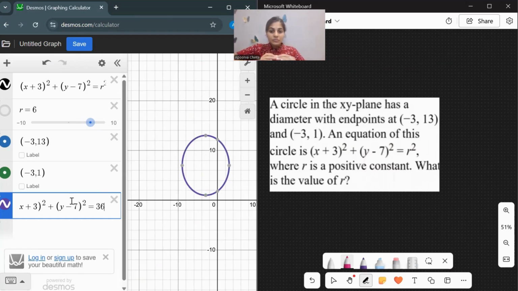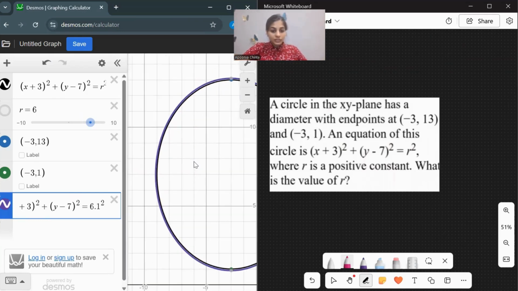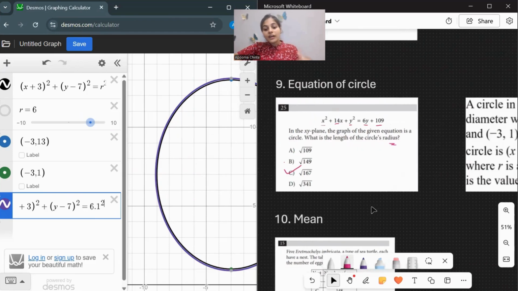If I'm getting the same circle, then it's correct. If we have 6.1 whole squared, we are not getting the same circle, we are getting two different circles over here. You can see when you zoom in. That's why 6 is the right answer, not 6.1. I hope you got this as well. So the value of r is 6.